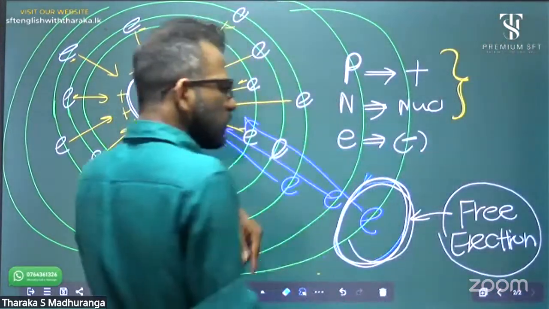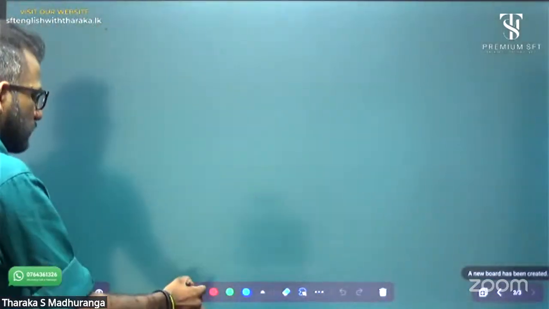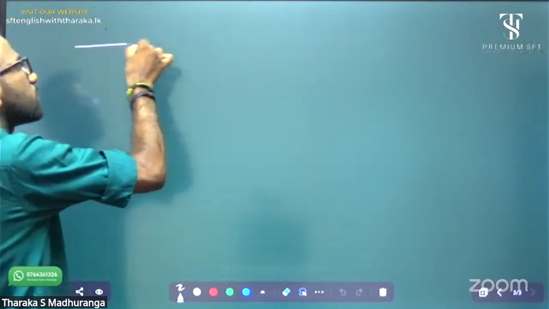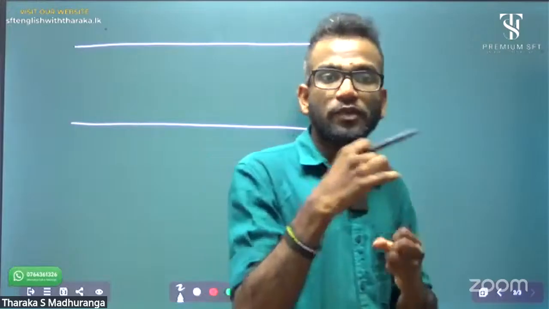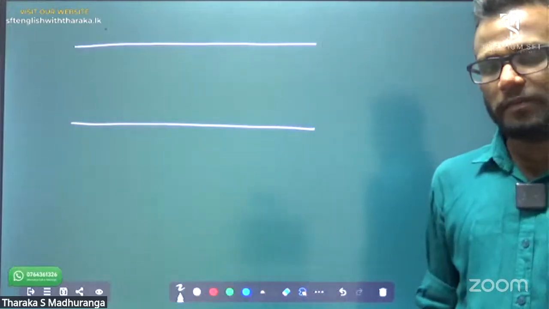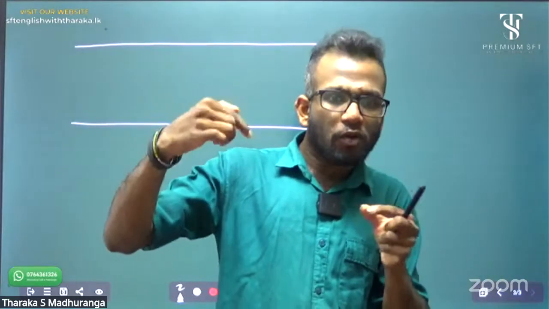Now, for example, think about copper. Copper is a powerful conductor, no? In your home wiring system, what do we use? Conductors. We use copper wires, no? What is the reason?